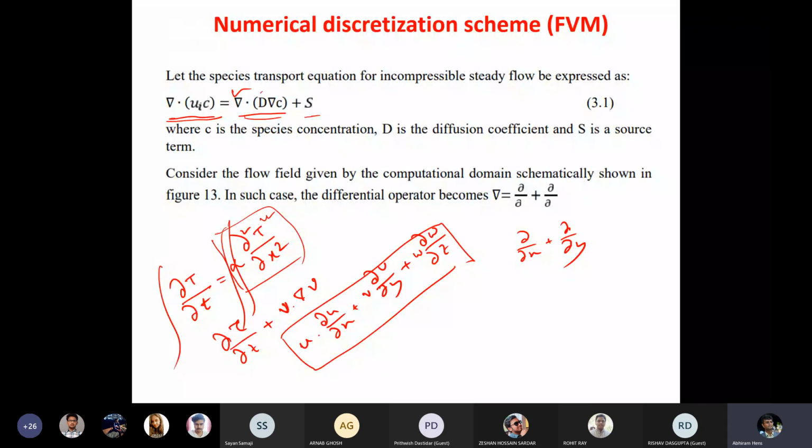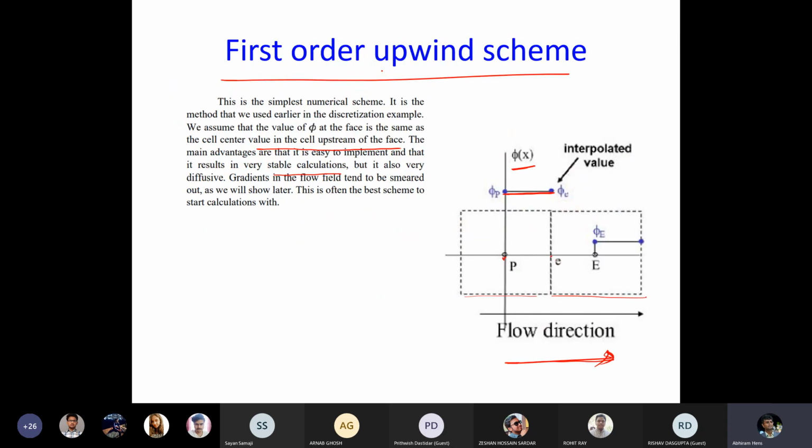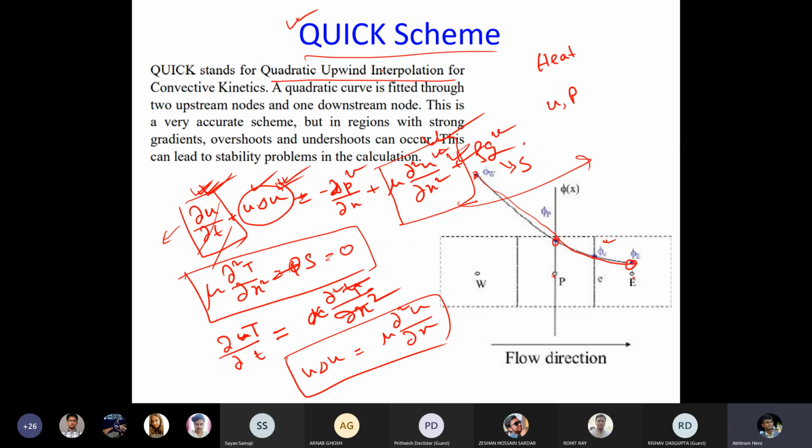This is the convective term and this is the diffusive term, and the source term is here. We tried to solve this with the finite volume method, and this is the equation that we finally get. Here interpolation schemes become important. That's why we are discussing a little bit of the upwind scheme, second upwind, central difference, and then the QUICK scheme, etc.